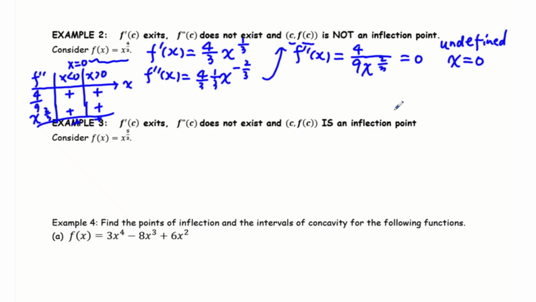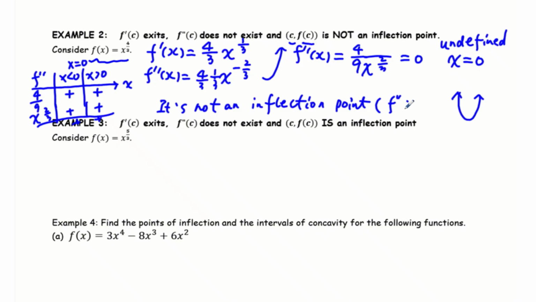As long as the f double prime is not changing the sign, it means it's positive. You just think it's a positive quadratic opening up, so it's concave up. If it's not changing the sign, then it's not an inflection point. The reason is f double prime is positive at both sides. So that is how to determine that it is not an inflection point.